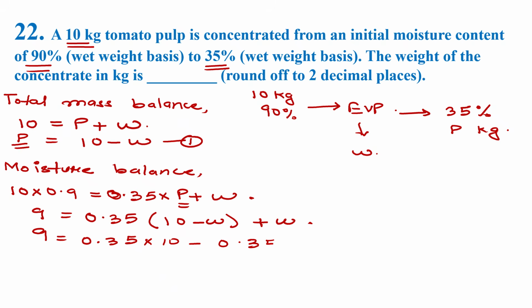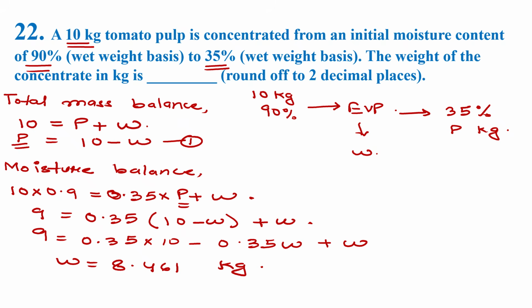So when we'll calculate the value of W, we'll get the value as 8.461. This is the amount of water which has been removed. Now we have to calculate the amount of product, that means P. For calculating P, we'll just put the value of W over here.